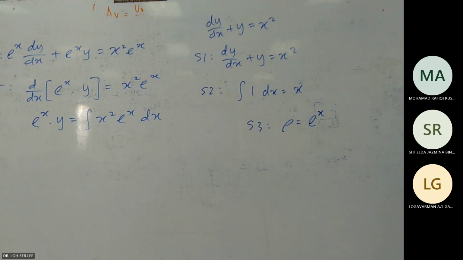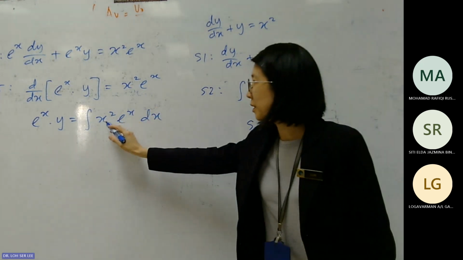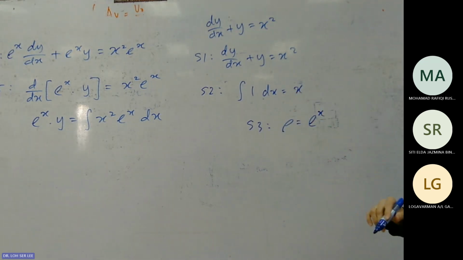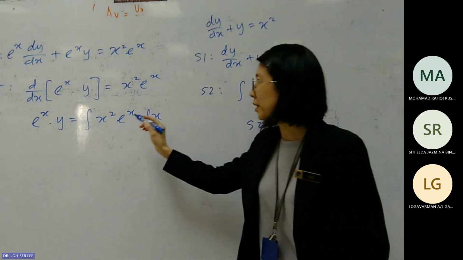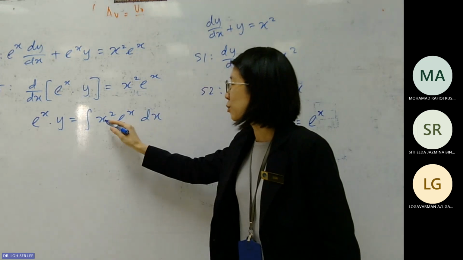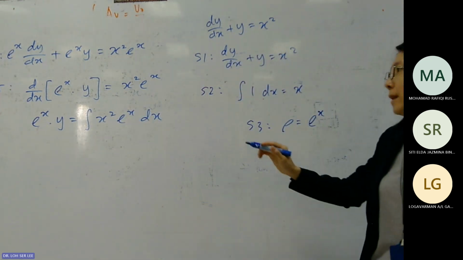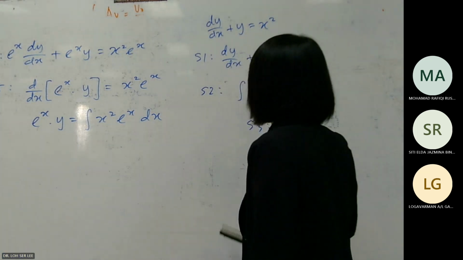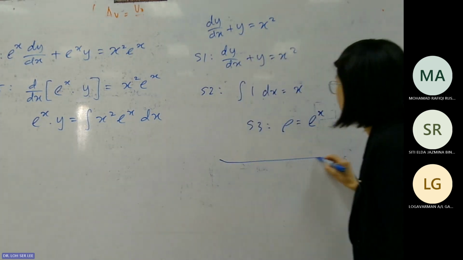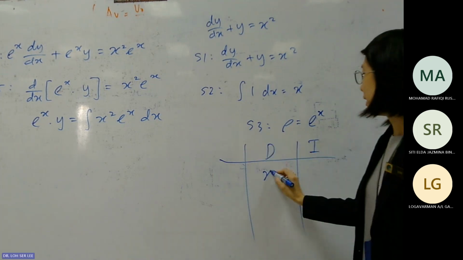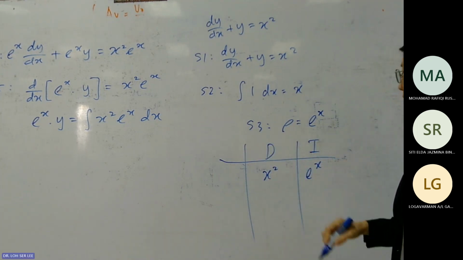Tabular method. Polynomial with exponential, polynomial with sine or cos, or exponential with cos or sine. Tabular method. Take x squared and e^x.